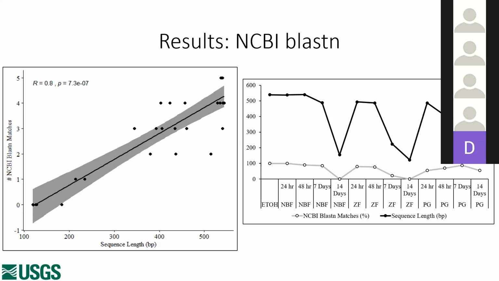So at 14 days, when the sequence length significantly drops off for neutral buffered formalin and Z-fix, there were no blast matches to the EF1 alpha gene. Whereas when the sequence length is 500 or greater, there were 100% blast matches for the neutral buffered formalin at 24 hours, and a little bit lower of a percentage of blast matches as the time of fixation progressed.